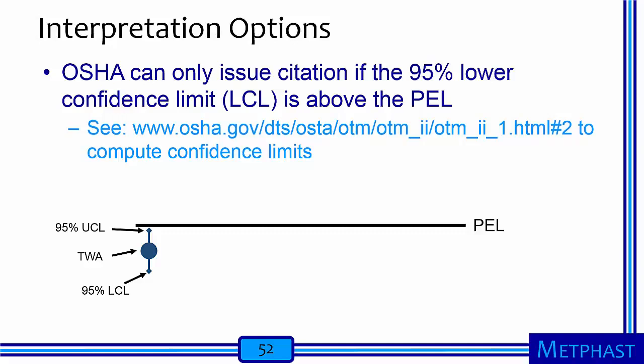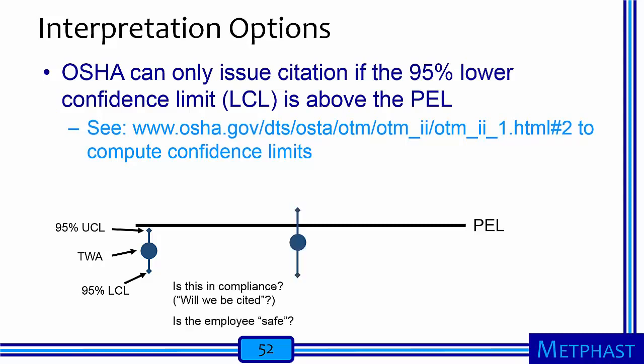Is the employee safe? Well, it depends on how close you are to the limit. As I said before, I try and shoot for being lower than 10% of the occupational exposure limit. If all measurements are below 10% of the occupational exposure limit, then I'm fairly confident that I will not have a problem. What about here?